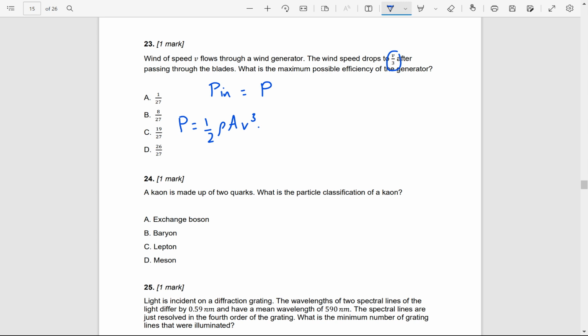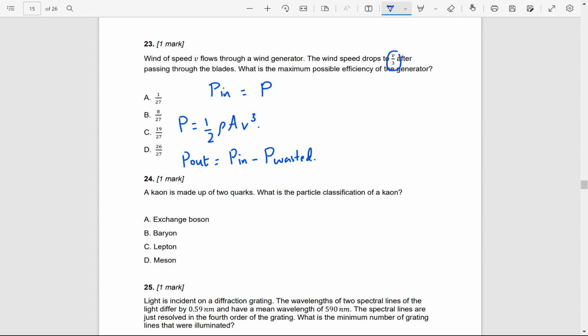So we could say that the P out is P in minus the P that is wasted. And P wasted is due to the fact that V is dropping to V over 3.